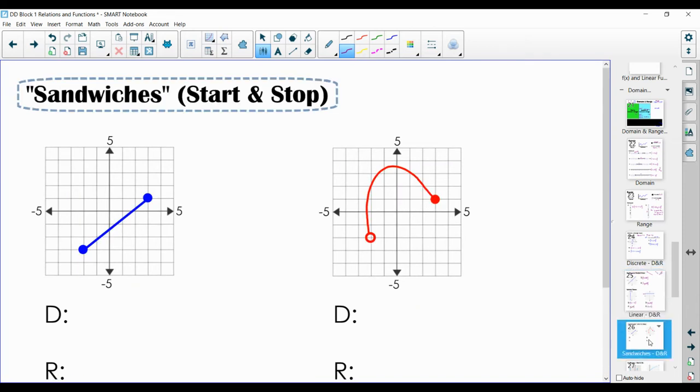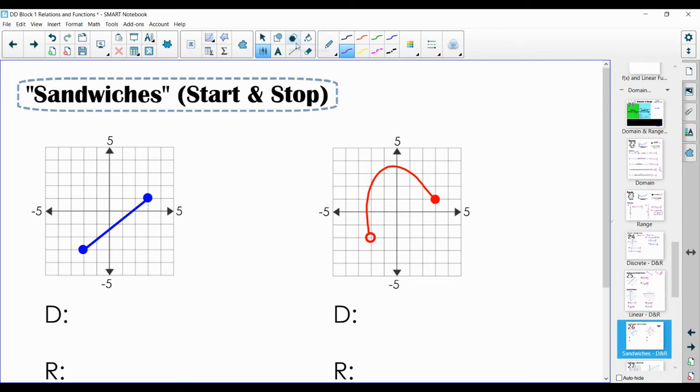All right, so another type of domain and range that you could come across is where there's specific endpoints. And so you can think about those almost as sandwiches. And we had already talked about these a little bit when we were looking at domain and range separately. But sandwiches means that essentially we have divided our graph, or we've given specific endpoints to our graph, so it has clearly defined limits.